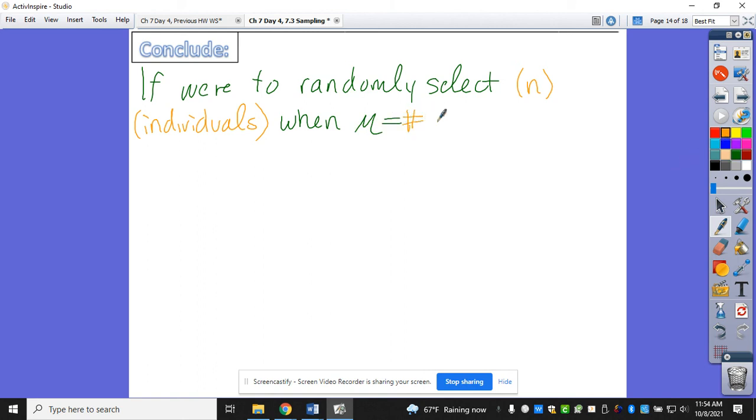And some of my answer keys probably don't have this, but it's not a bad idea to also write sigma equals because technically it's specific to that. Then what? What did we write right there yesterday?